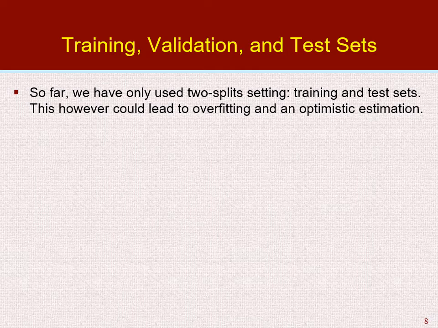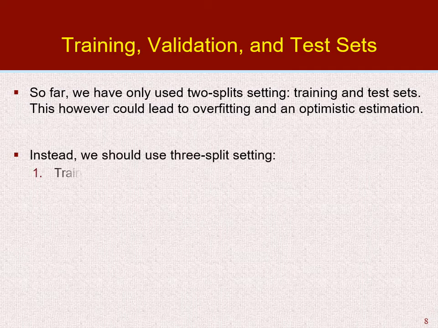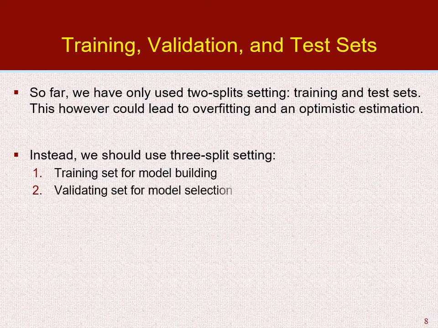So instead of splitting data into only two splits of training and test, we should use a three-split setting: the training set for model building, the validation set for model selection, and the last set, the test set, which should be used for the final evaluation of our model.